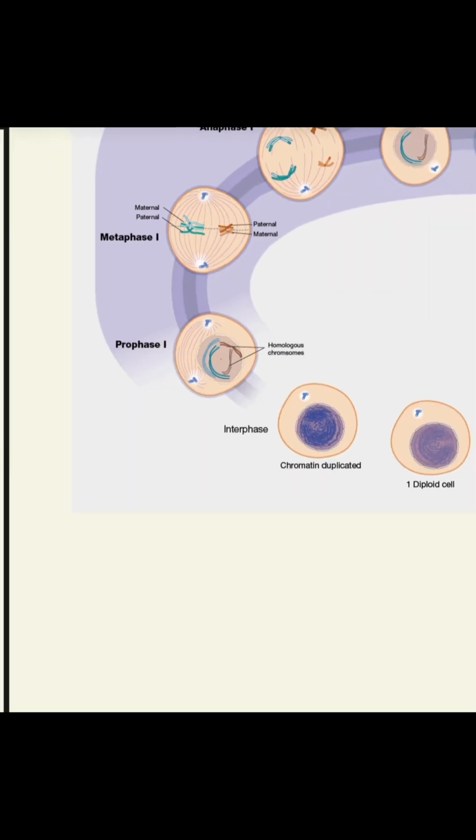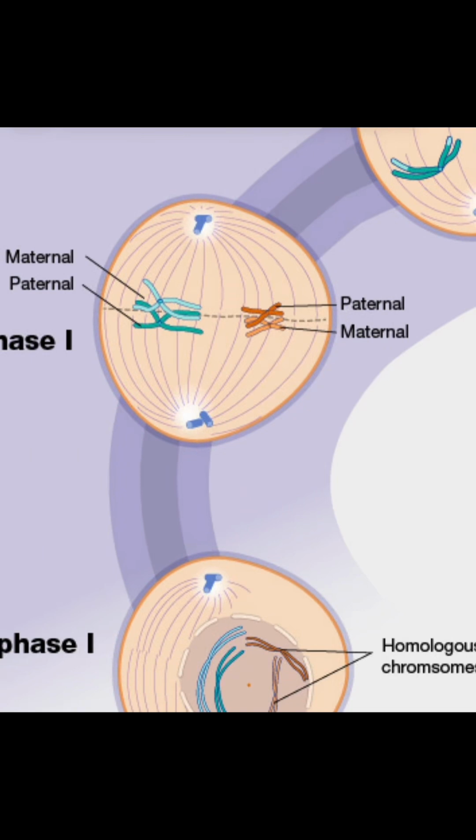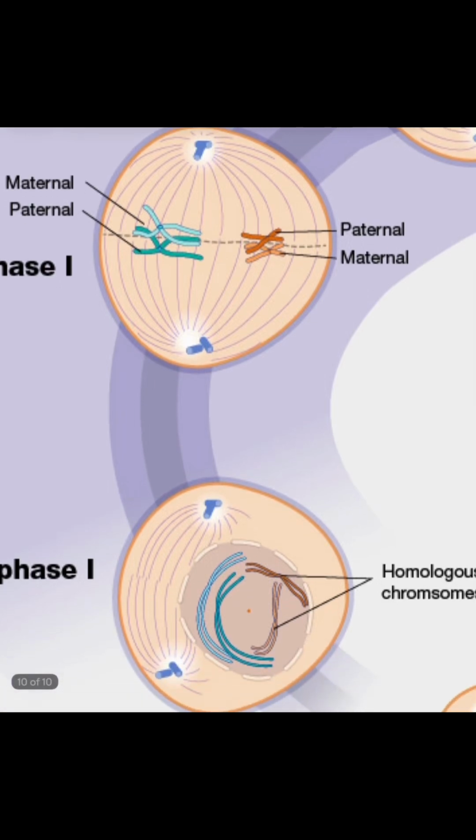When they line up in the middle, there isn't a specific way in which they line up. It's random. It's independent. So with 23 homologous pairs in humans, this produces 2 to the power of 23, which is over 8 million possible chromosome combinations in the gametes before crossing over is even considered.